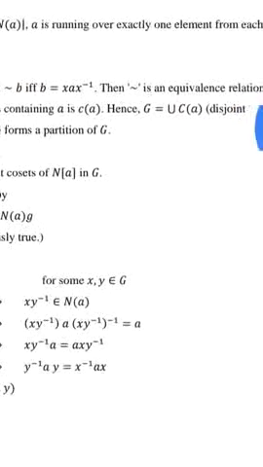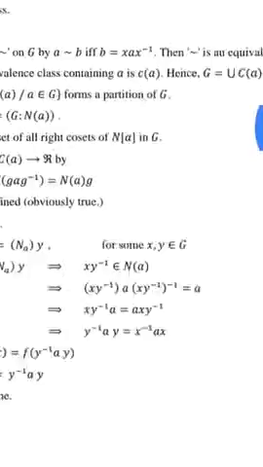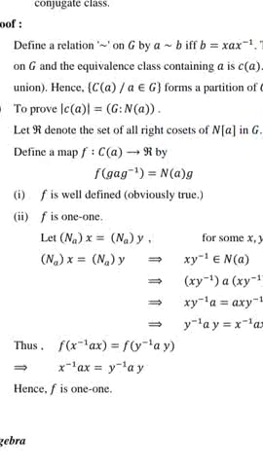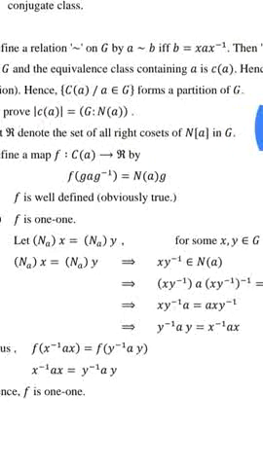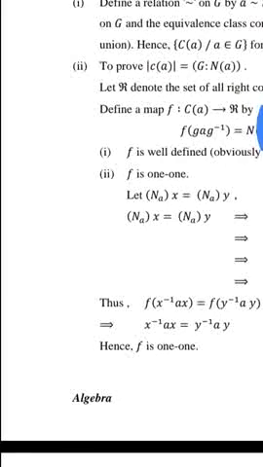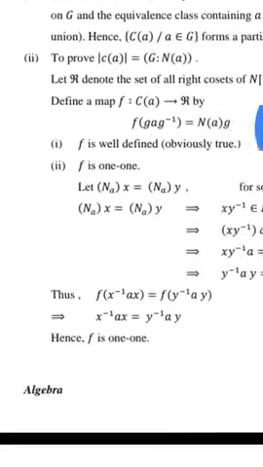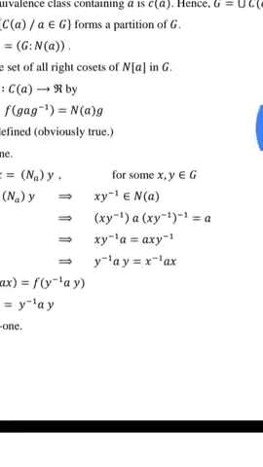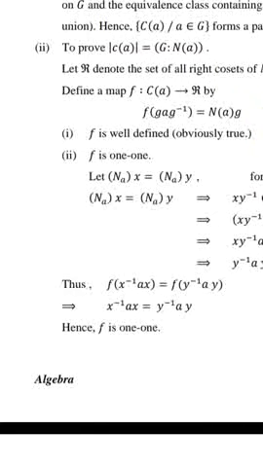Hence, G is equal to the disjoint union of C(a). Hence, C(a) such that a belongs to G forms a partition of G. To prove that the cardinality of C(a) is equal to the index of G over N(a), let R denote the set of all right cosets of N(a) in G. Define a map f from C(a) to R by f of g inverse a g is equal to N(a) g.